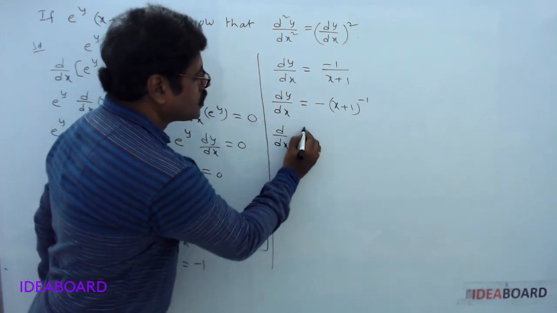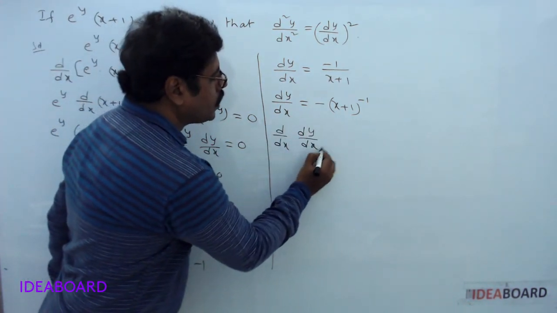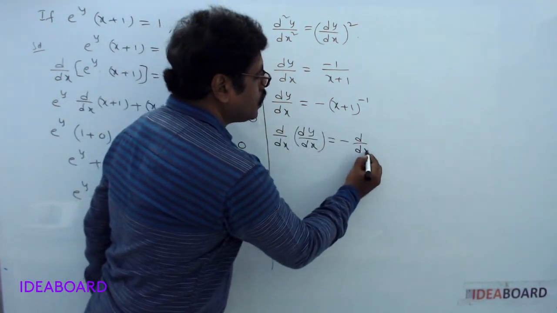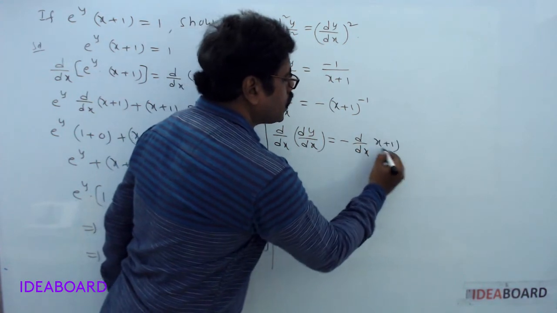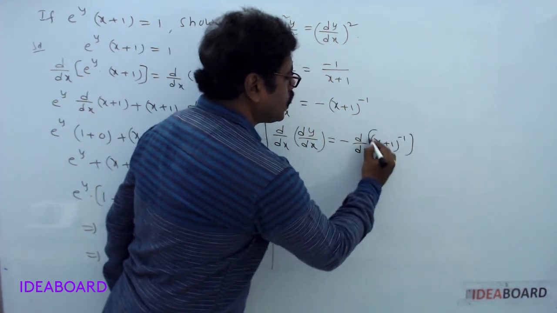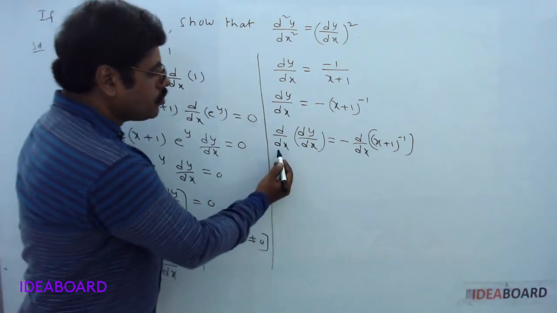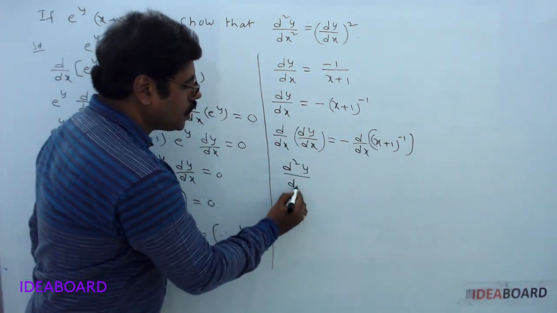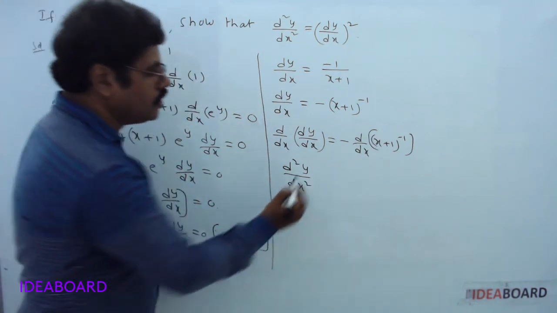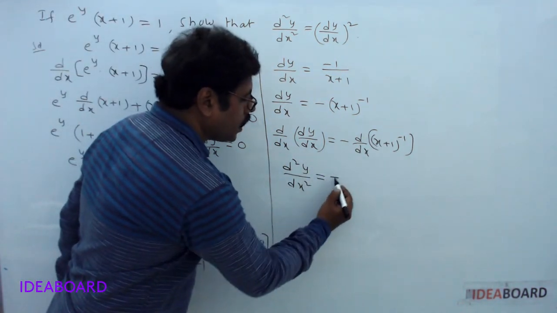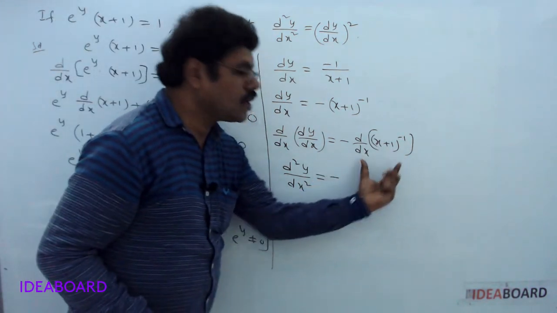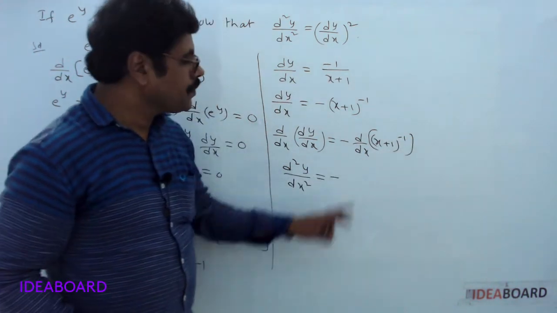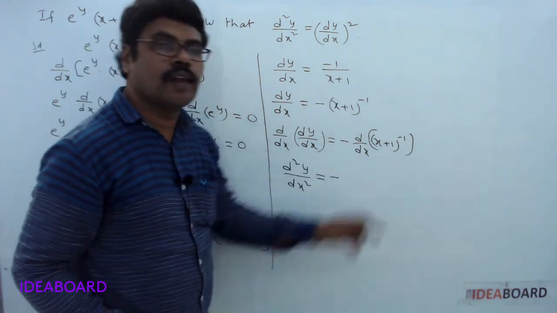So d/dx of dy/dx equals minus the derivative of (x + 1)^(-1). d/dx of dy/dx, which is the same as d²y/dx², equals minus, this term is of the form d/dx of x^n, the derivative of x^n form.